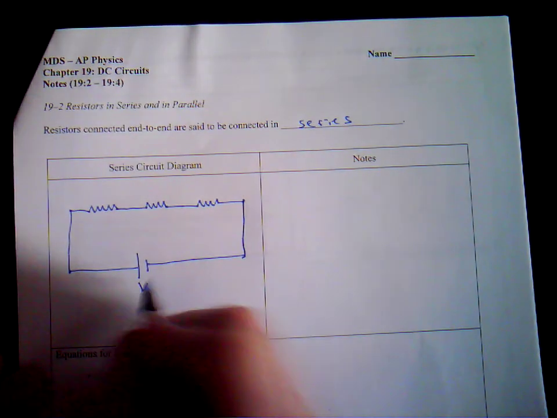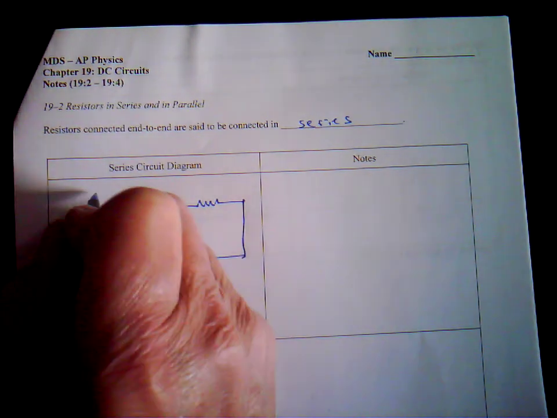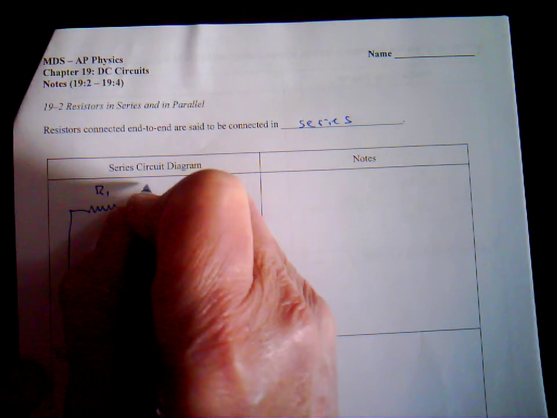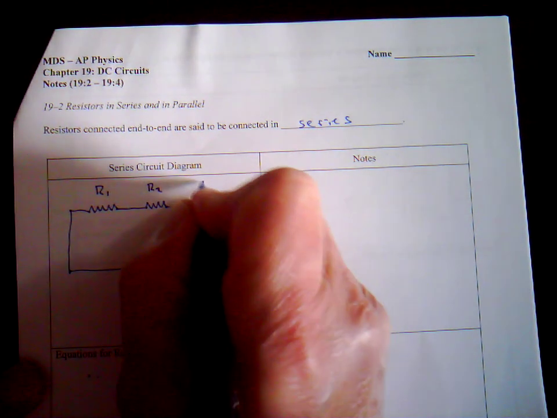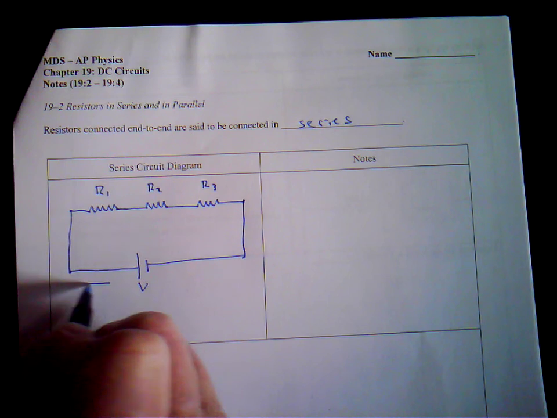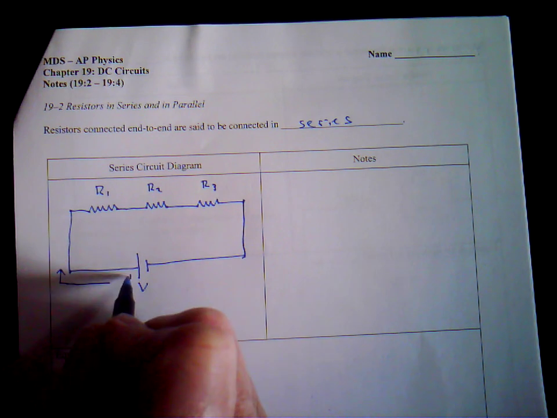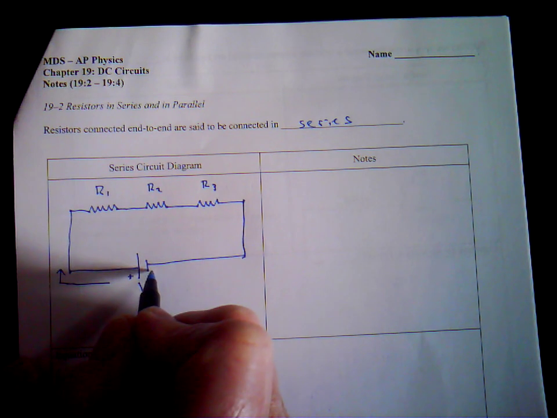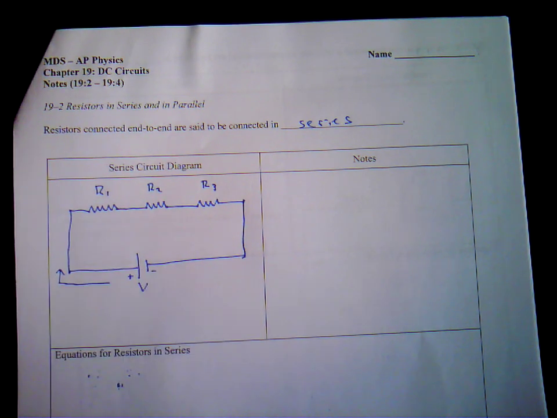We're going to call this the voltage, potential difference. We'll call this R1, this one R2, and this one R3. The current goes from high potential to low potential, because this is the high potential side of the battery, and this is the low or negative potential side of the battery.